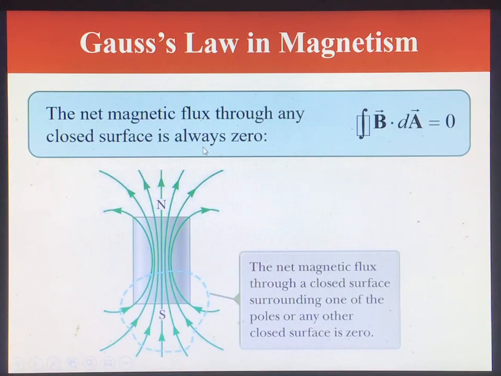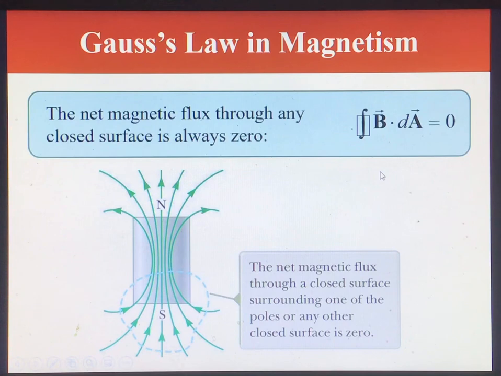And this is very special because if you remember, we said that the flux of the electric field in a region that contains a charge is proportional to the charge. In magnetism, because there are no magnetic charges, the net magnetic flux that goes through any closed surface is just equal to 0.